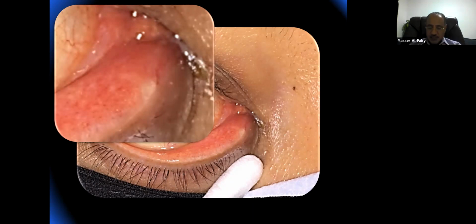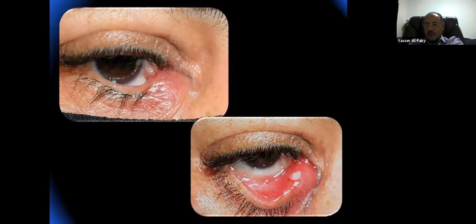I'll make it easier for you. Now this is a more severe form of the previous patient. So what could it be? This could be chlamydia conjunctivitis.